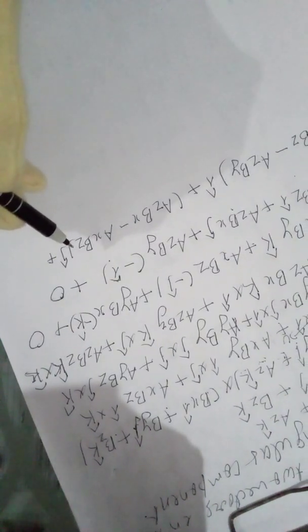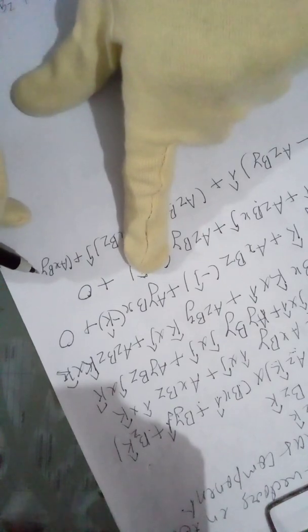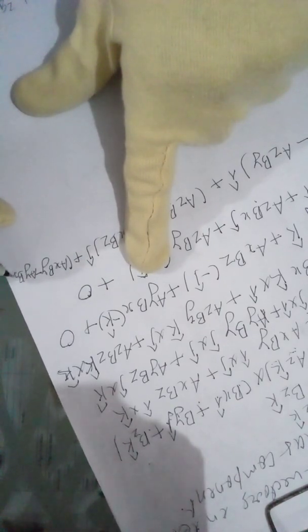Collecting terms of unit vector j, here minus j, here plus j, so (az bx minus ax bz) j. Plus the third terms, unit vector k: (ax by minus ay bx) k. So this is your A cross B.